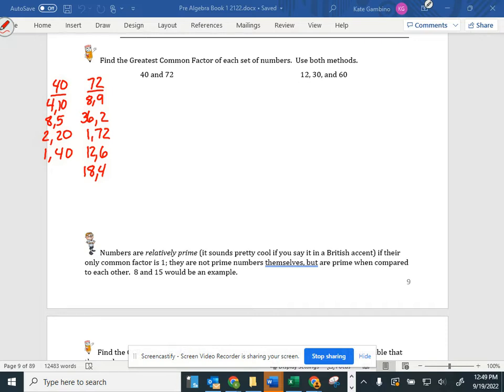One more. So we found 1 and 72, 2 times 36. Aiden? 24 and 3.